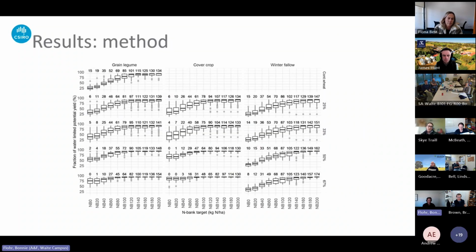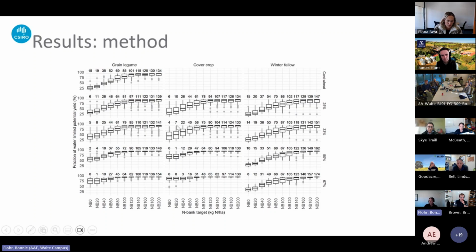So just briefly, I thought I'd share a bit on the method of how we selected our optimal N bank for each environment before getting into the metrics. This figure is showing the fraction of water limited yield potential on the y-axis, and across the x-axis is the N bank target.